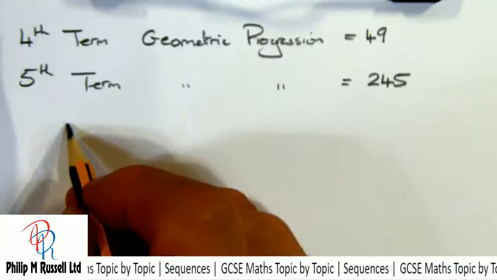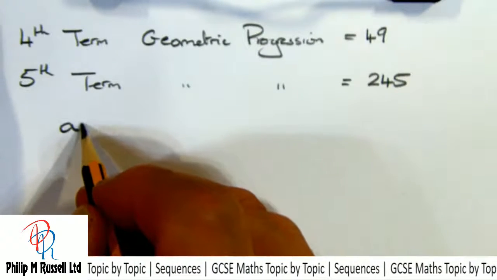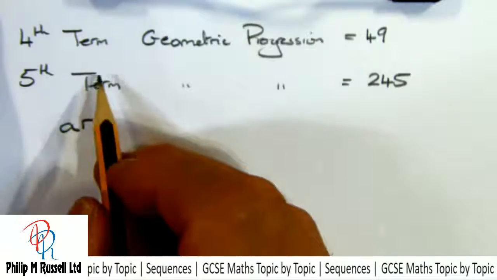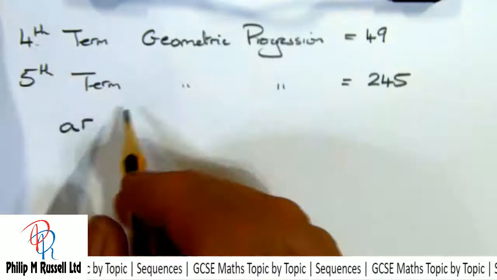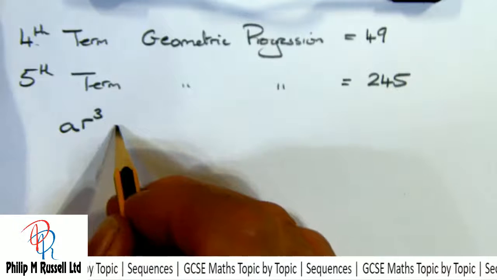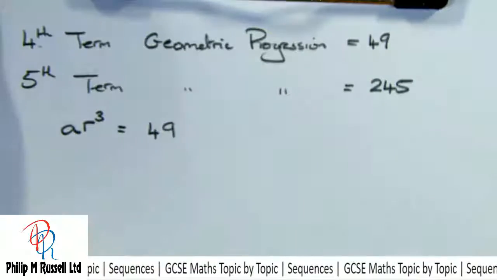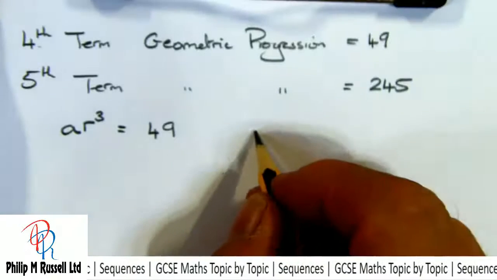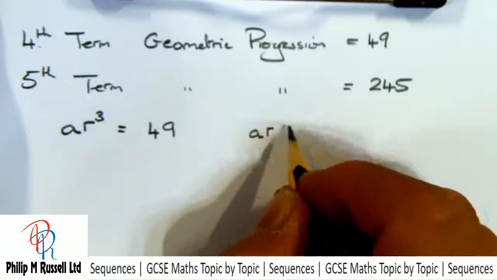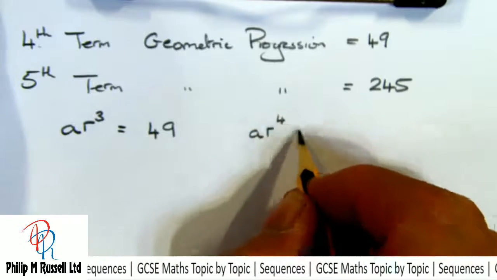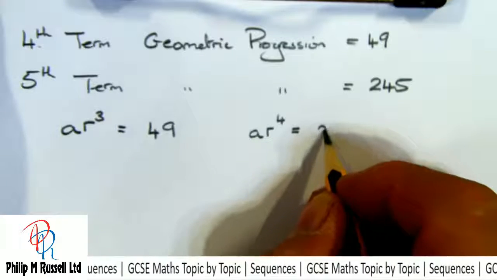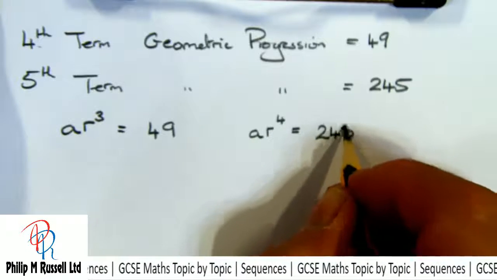We know that a r to the, and it's the fourth term, so that's going to be r cubed, is going to equal 49. And I know that a r to the 4 is going to equal 245.